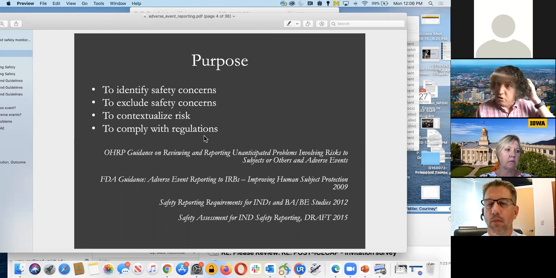So being able to determine if your drug or device or behavioral intervention is creating excess adverse experiences is very important for how to contextualize risk. It is important also to account for adverse effects to comply with regulations, both US FDA, NIH, and other countries have similar protections to protect the research participants.